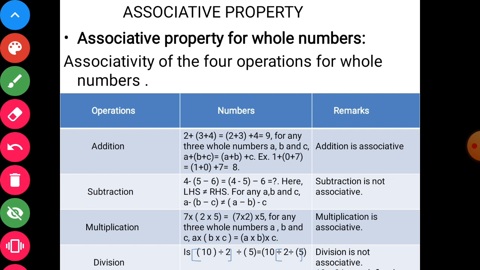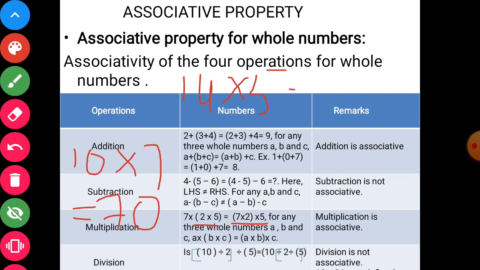In both cases we get the same answer. See, first to simplify this, multiply these two numbers. 5 into 2 how much we get? 10. 10 into 7 how much we get? 70, right? RHS, 7 2s are 14. 14 into 5 is 70, right? So LHS is equal to RHS both.